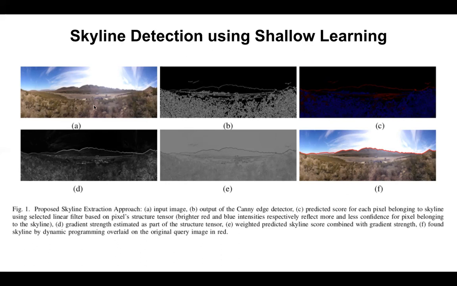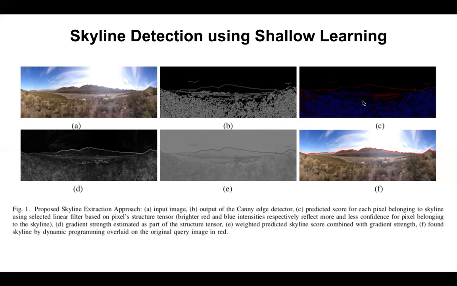We are given a query image. We apply our edge detection based on this, and then only for the edge pixels, the trained filters are chosen based on the gradient or the structure tensor, and those filters are applied to the given image.